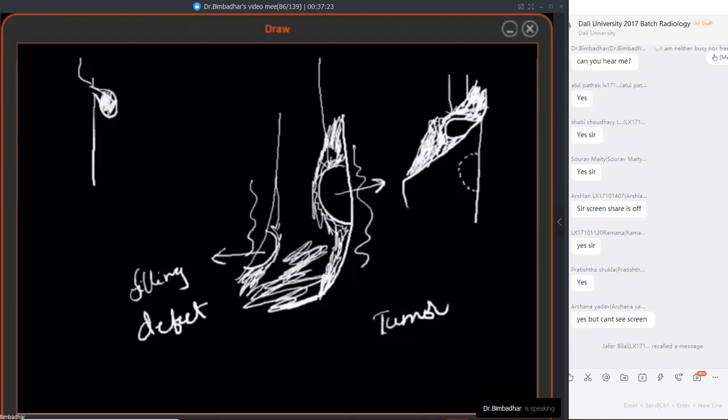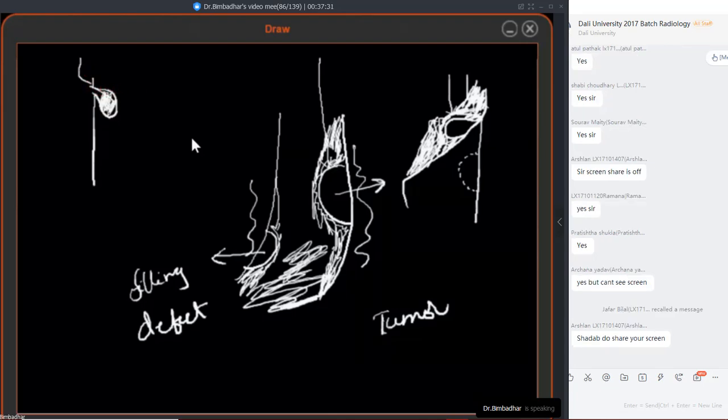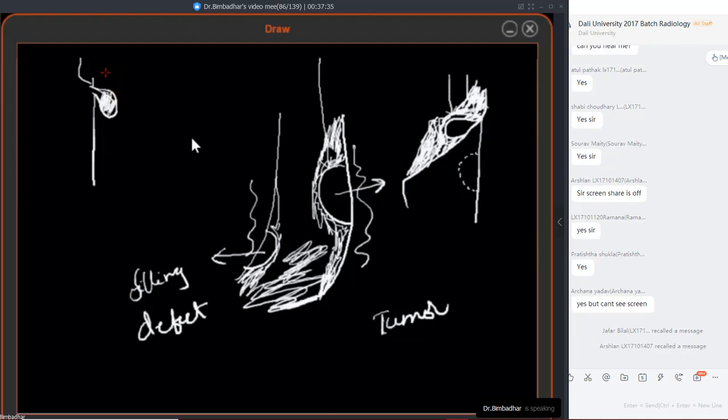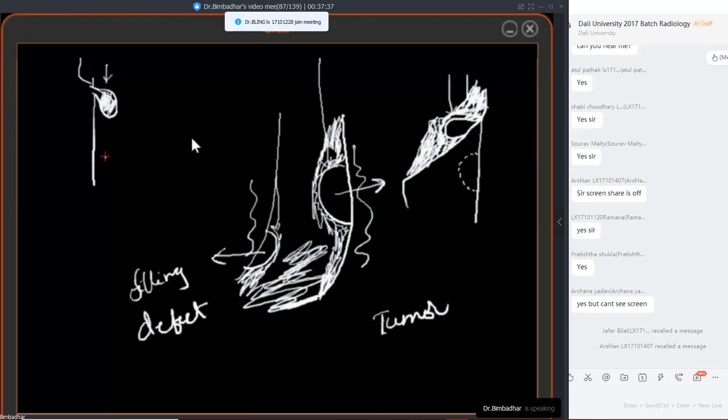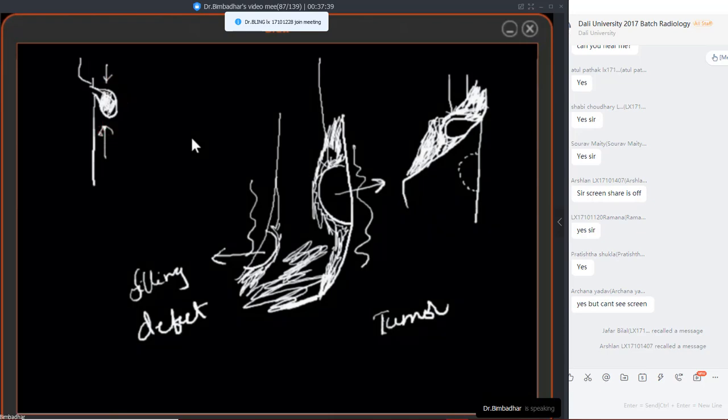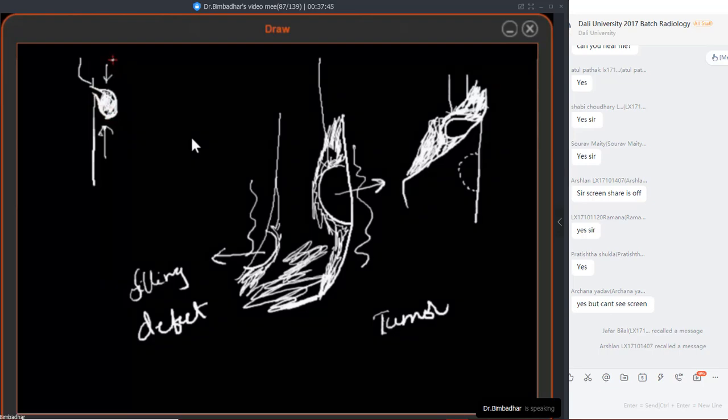Okay, so you see here, there is this diverticula, which started slowly filling up with the barium. Now, you see here, actually, this should have been a mass that is present outside here. So there is an extra filling of the barium here, right? But the barium is not actually flowing from outside.